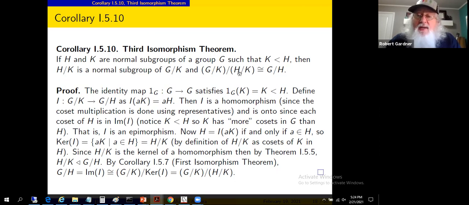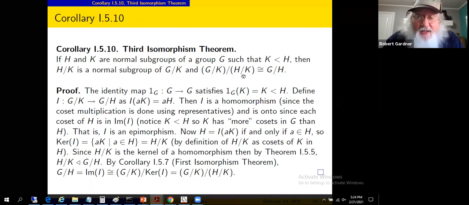Now we've dragged H mod K into the conversation, in a denominator up here, which is very useful for the first isomorphism theorem. H mod K is the kernel of the homomorphism. Theorem 1.5.5 tells us H mod K is a normal subgroup of G mod K. Kernels of homomorphisms are normal subgroups, is what that's about.